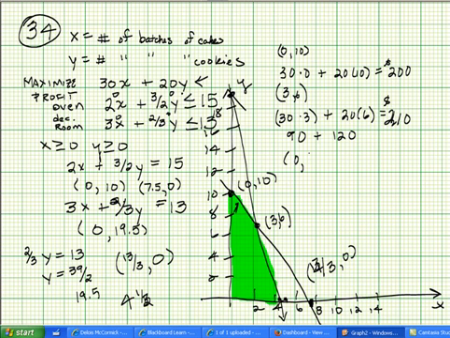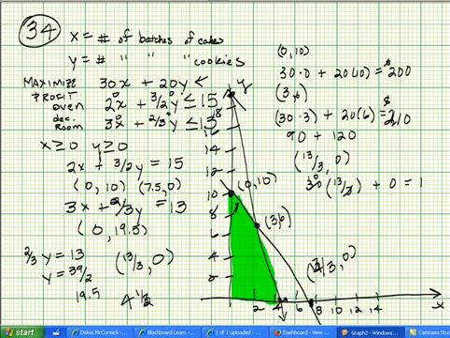And then 13/3, 0, let me get that switched. 13/3, comma 0 is going to give us 30 times 13/3 plus 0, which would be, I believe, 130.